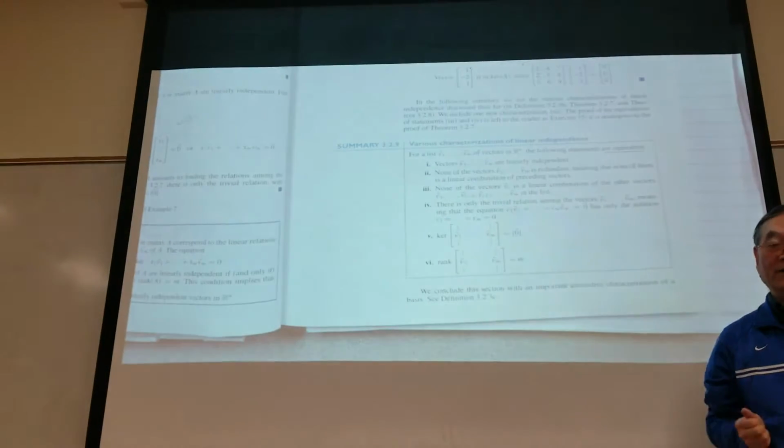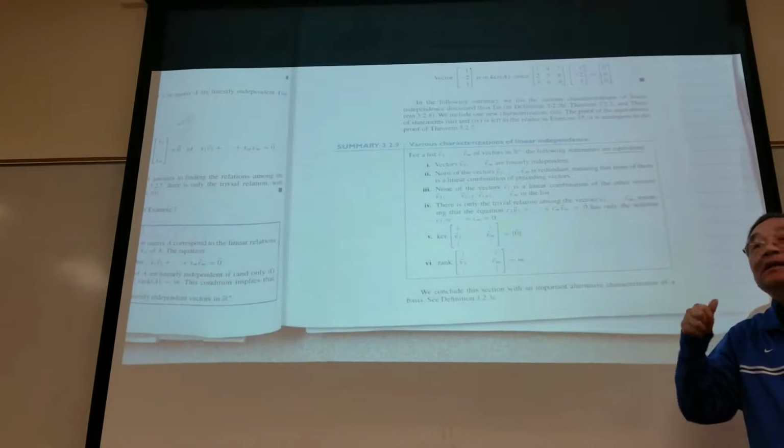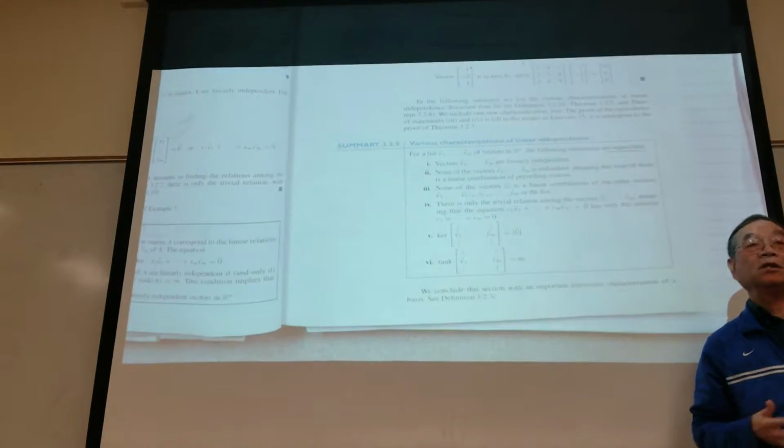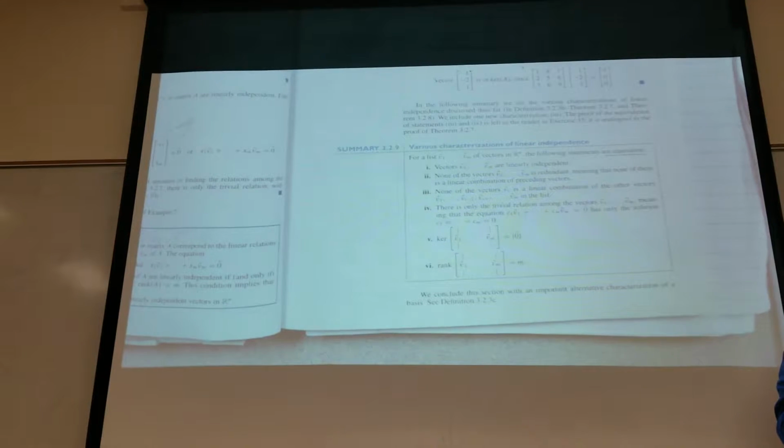So one way to consider linear independence or dependence is this. You give me a set of vectors, V1, V2, V3, say 3 of them, M is 3. You ask me whether they are linearly independent or dependent.